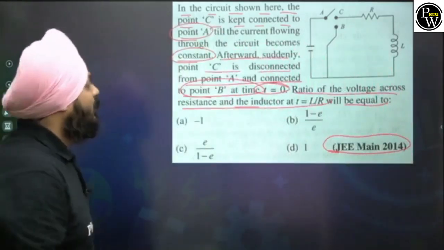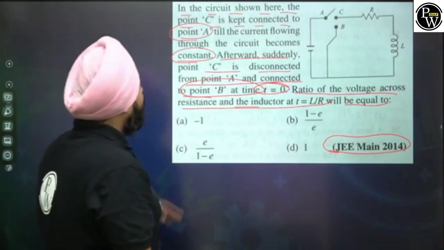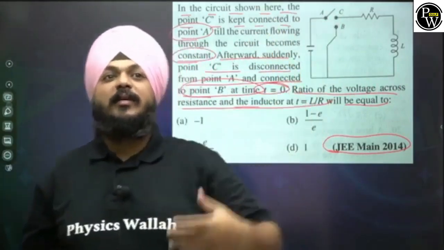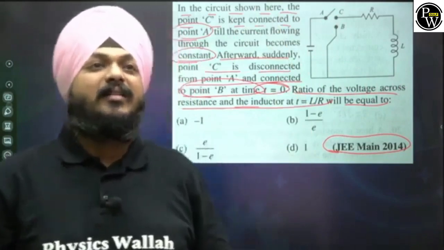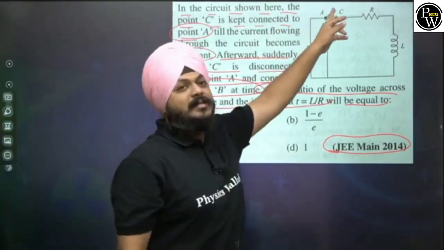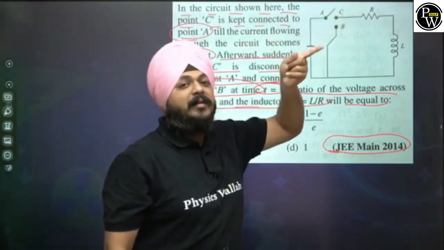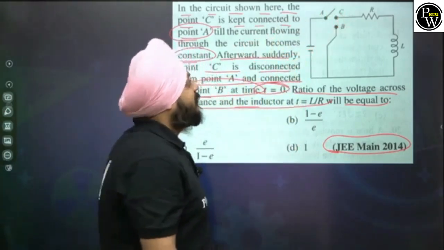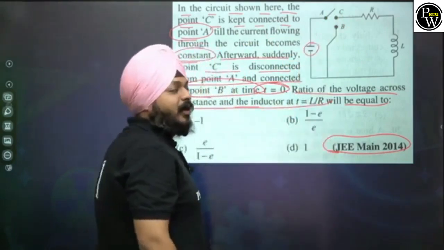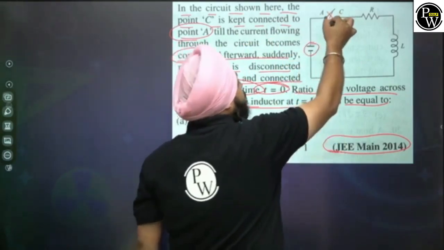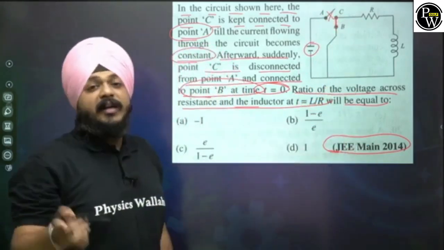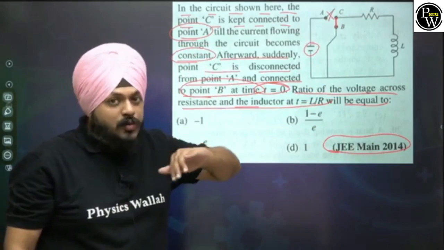Suppose I'm talking about a time when A is connected to C, then the battery is connected, the source is connected. Now when this connection breaks and B is connected to C, it means that the source is removed.